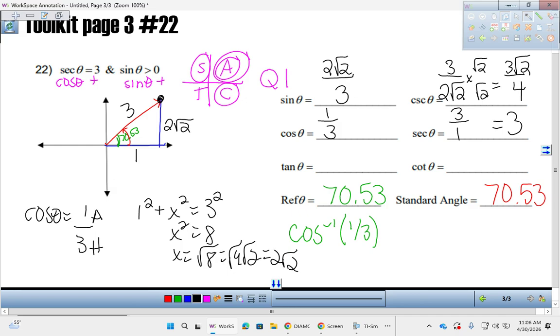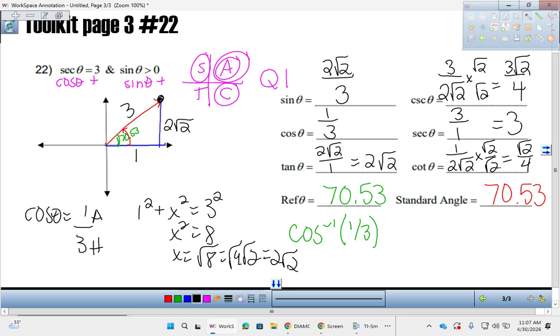That's a 4. Tangent is opposite over adjacent. So cotangent is flipping that. You don't need to write the over one for that one. And I'm going to rationalize here. So we have everything.